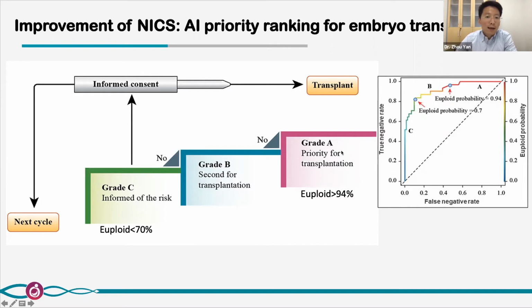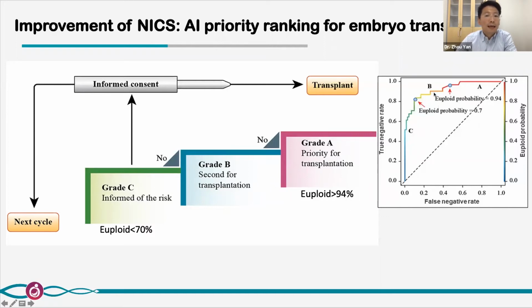Grade A indicates the highest priority for transplantation, and the probability of euploidy for a grade A embryo would be over 94%.